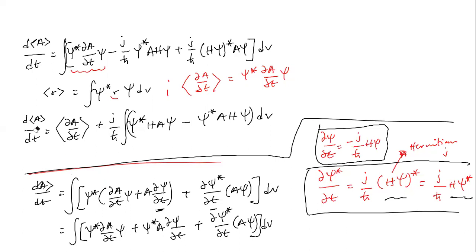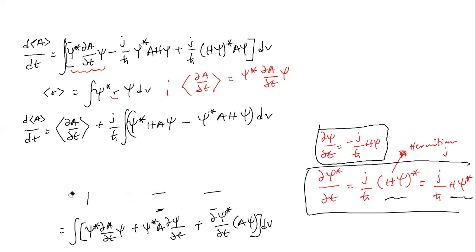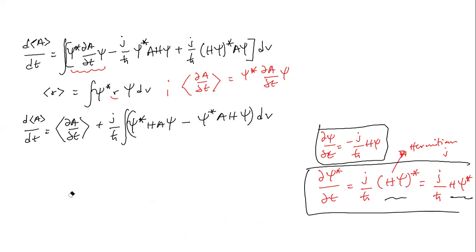So we can now rewrite this in this format to say that the first time derivative of the expectation value of the Hermitian operator is now the same as the expectation value of the A dt plus J over H cross, the expectation value, because we know that this is the expectation value.